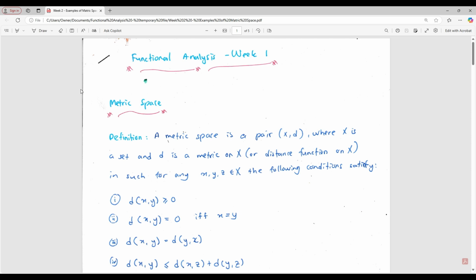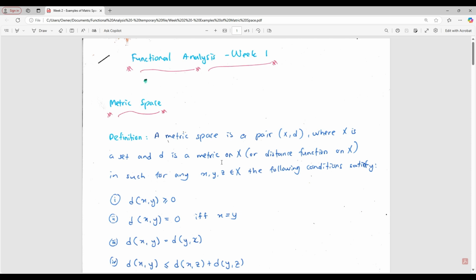Basically a metric space is a pair of a set X, where you collect some elements in the set X, and then on those elements we define a metric on that particular set X. So here X is a collection of elements, so we call it a set, and using those elements we are going to define a metric.